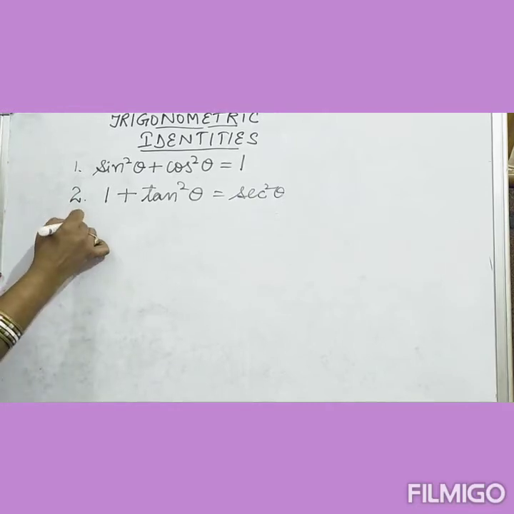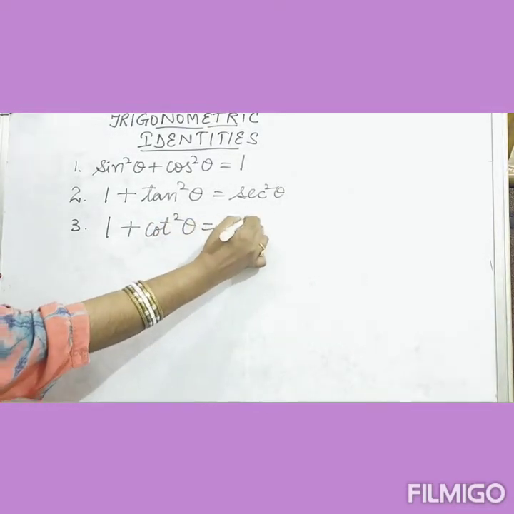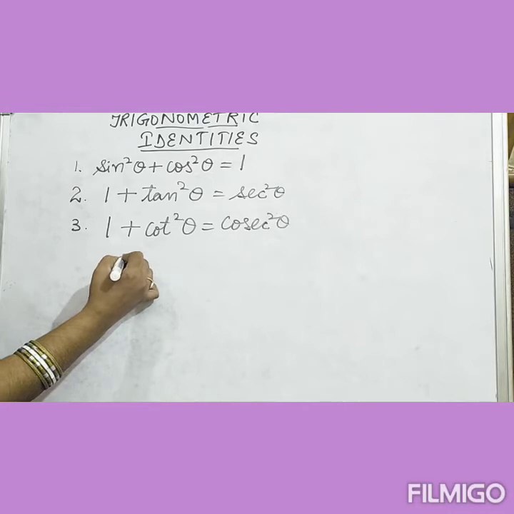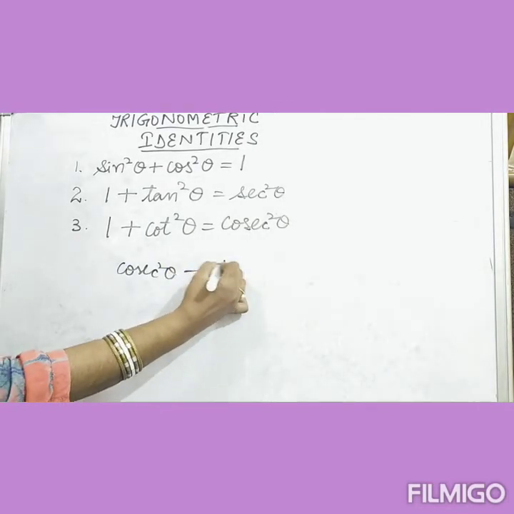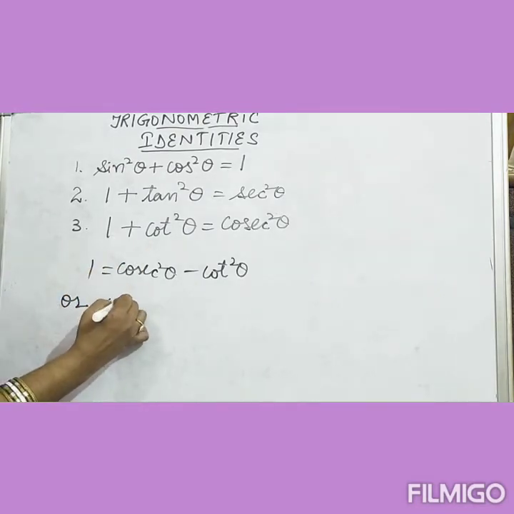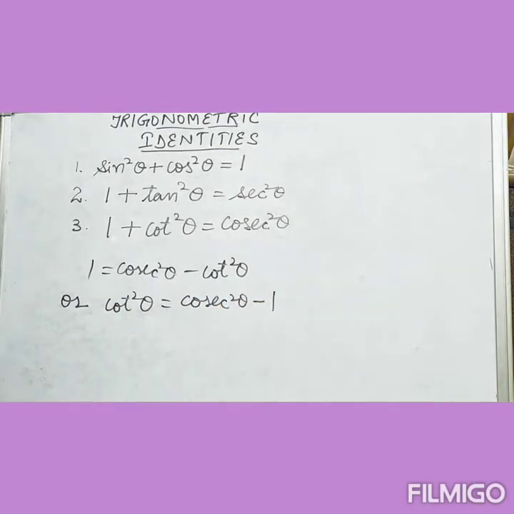The third one is 1 plus cot square theta is cosec square theta, and in the same way as we have written the first and the second one in so many ways, we can write the third identity also in other ways, like cosec square theta minus cot square theta equal to 1, or cot square theta equal to cosec square theta minus 1, right?